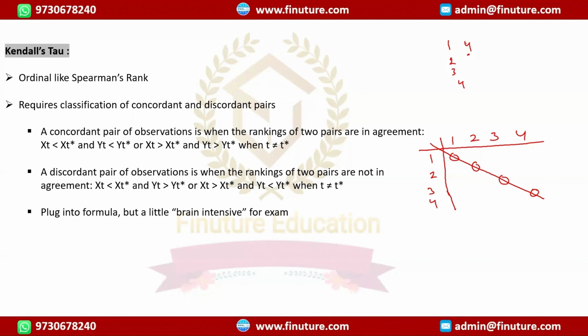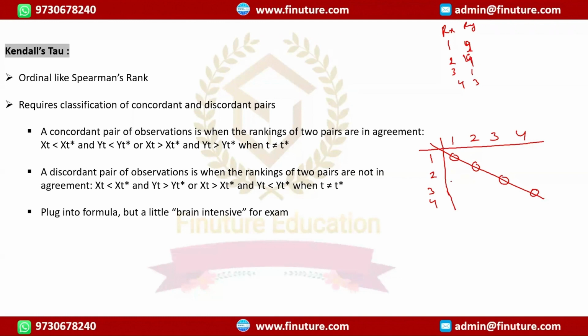There are three concordant pairs and three discordant pairs, is what they say. I'll confirm that and explain. I'm trying to come up with a better way to explain from this data. So we have Rx and Ry: 1, 2, 3, 4 and 2, 4, 1, 3.